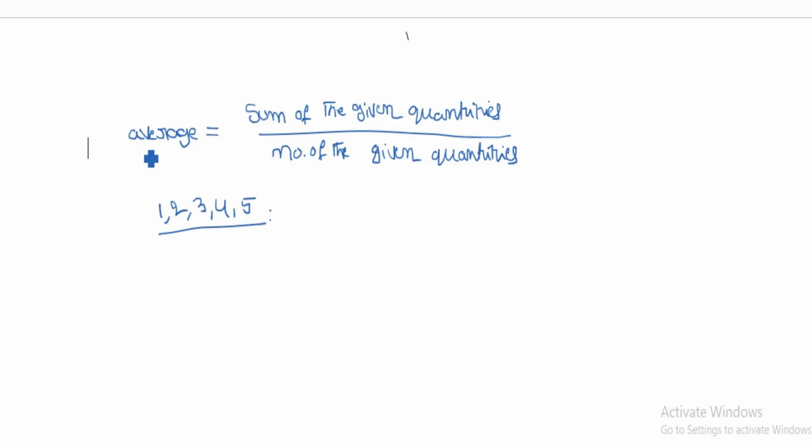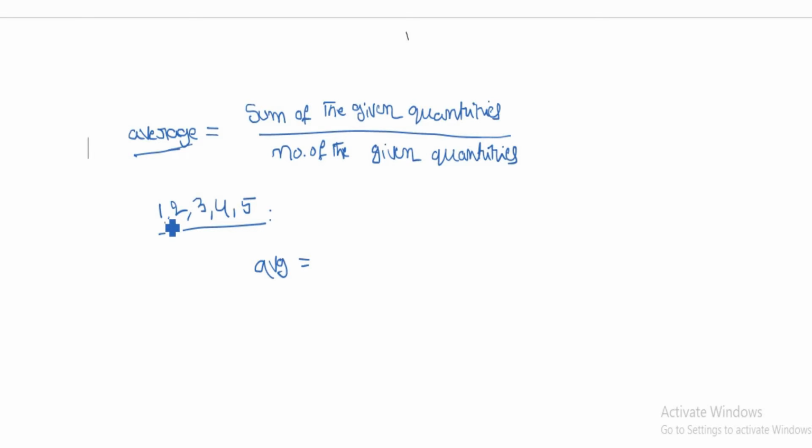By using this formula, average equal to, I am writing the short form of the average here. Average is equal to the sum of the given quantities.